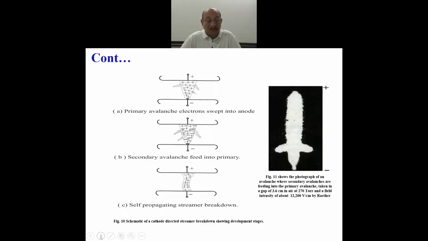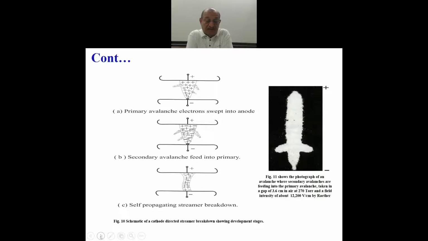You can see at the anode, the negative electrons would be quickly absorbed, and a very high concentration of positive ions takes place, which gives rise to the field distortion as explained in the previous slide.